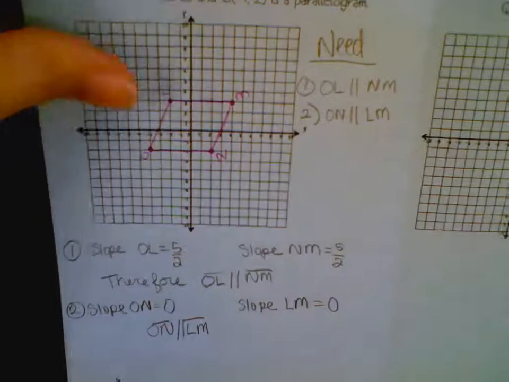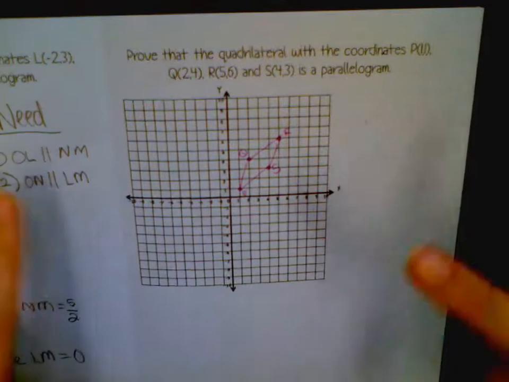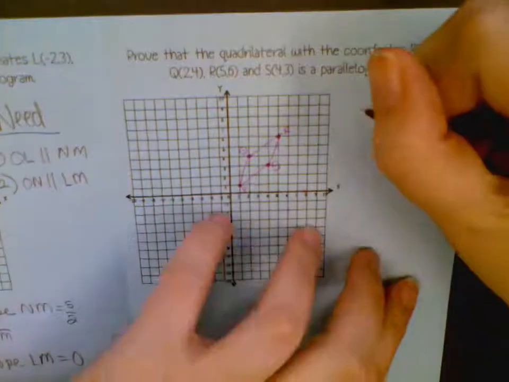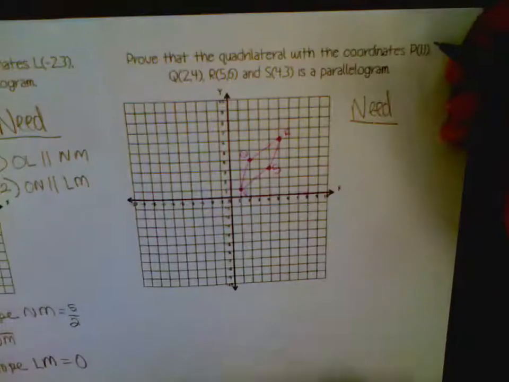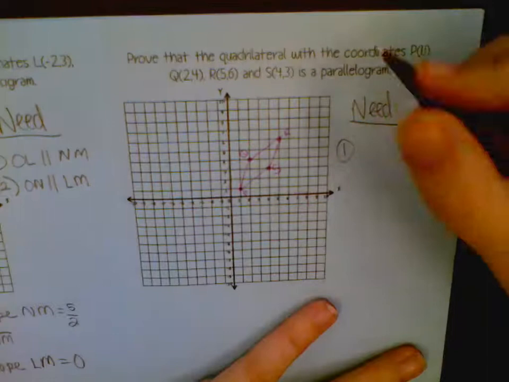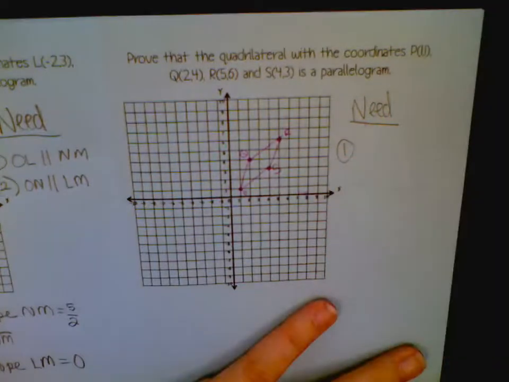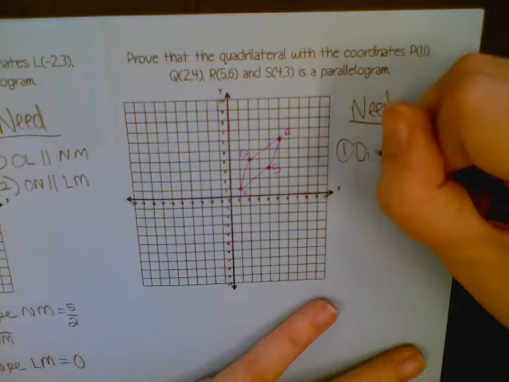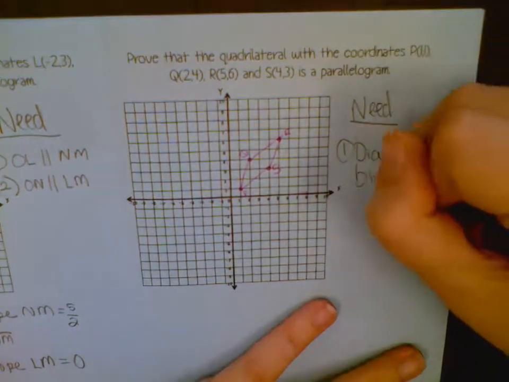Okay, so for our next one, we're going to try it a different way. These 2 are the ones that I like the best because they're the easiest, just counting slope. But this way, we're going to do the midpoint. So if the midpoints of their diagonals are congruent, then that means that their diagonals bisect. So we're going to look to show that the diagonals bisect.